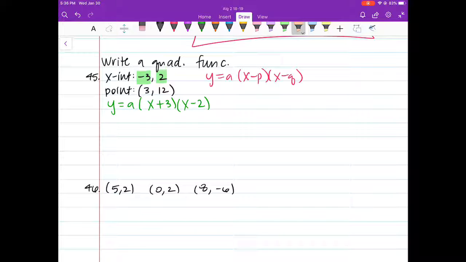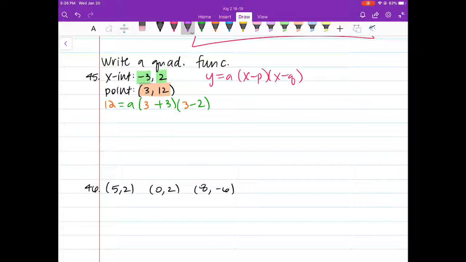And then from here, we want to plug in that ordered pair for x and y and swap out each of those values for our x and our y. So we'll have 12 equals a times 3 minus negative 3 times 3 minus 2, so that this way we can solve for a.